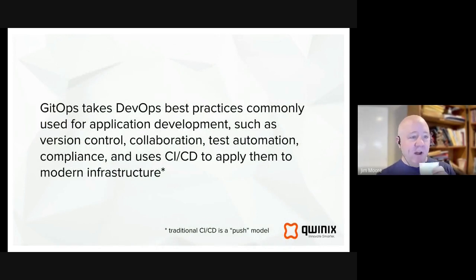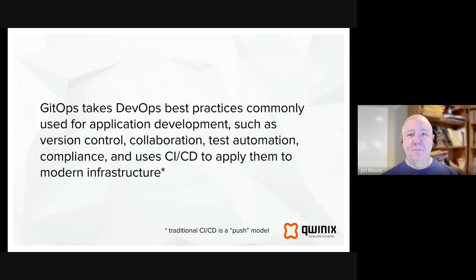GitOps takes those DevOps practices that have been used for application development, such as version control, collaboration, test automation, compliance, and then says CI/CD is going to be used for applying any changes that are made.